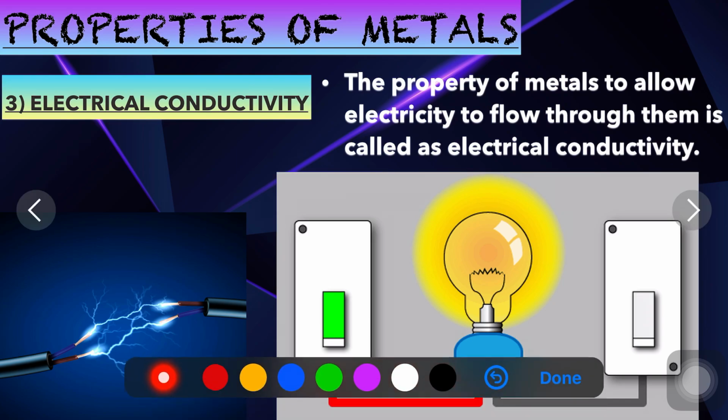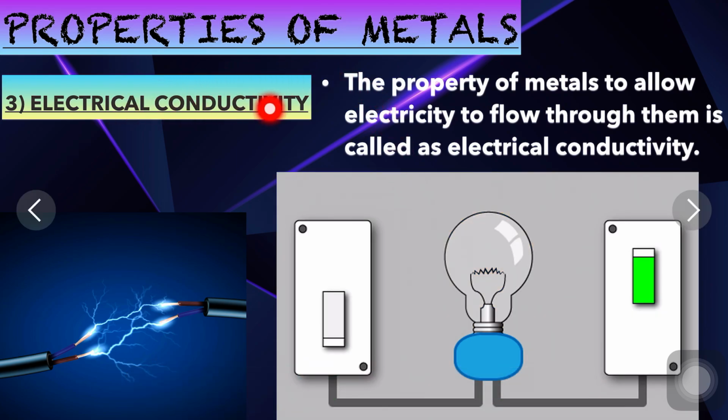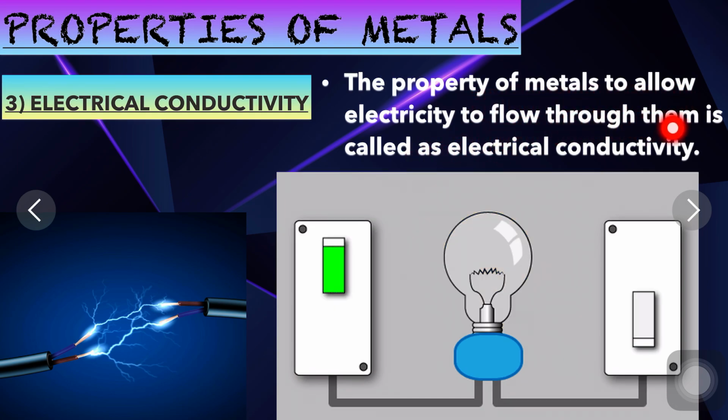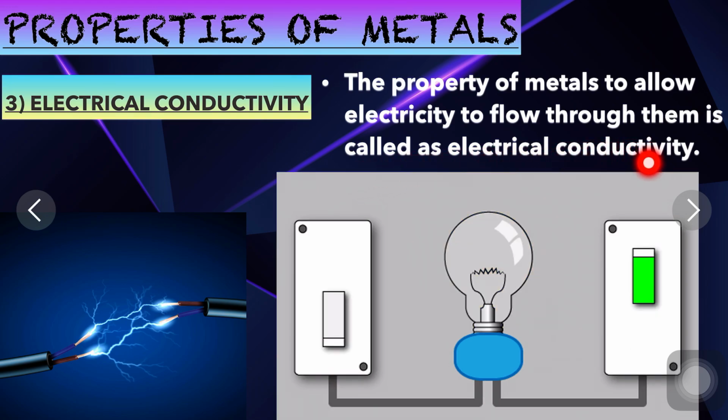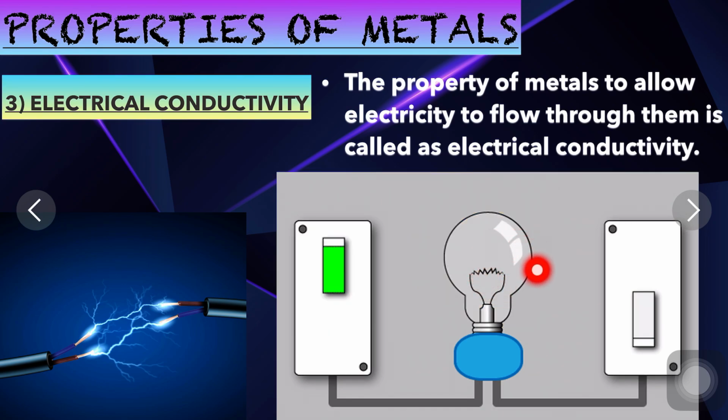Next is electrical conductivity. Students, the property of metals to allow electricity to flow through them is called electrical conductivity. Students, only metals have the property of conducting electricity, okay, conducting current.